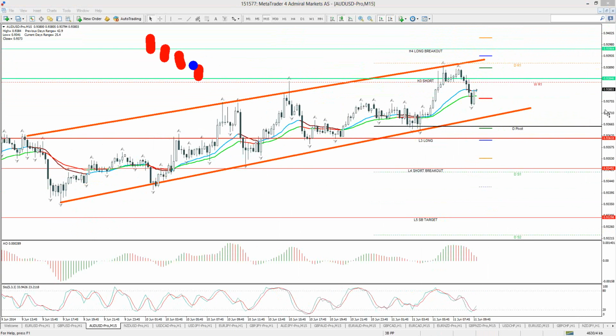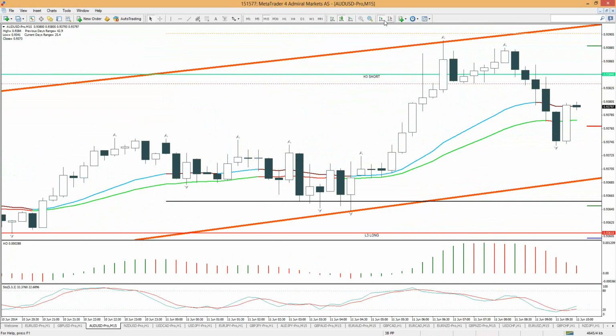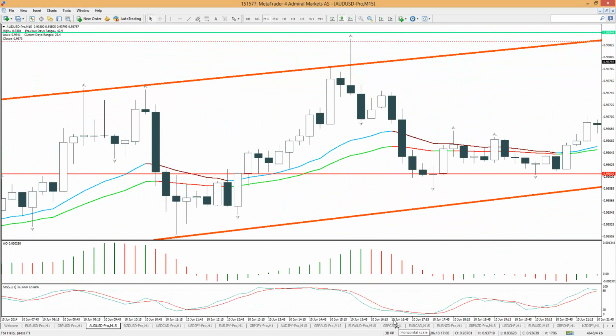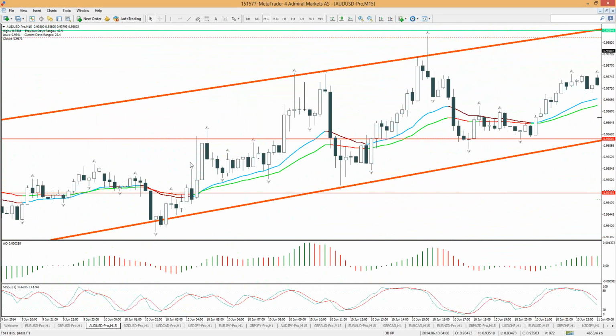Let's take an example. Here, for instance, that's a pullback. Let's go to that one. Oh, I lost it. One second. Here. We got a break, right? We got the pullback. The break of this high, we got a pullback, right? That's what we're waiting for. Break, pullback. So what is the continuation? Basically, we got bearish candles. If you look at these candles, this is bear, this is bear, this is bear, this is bear.